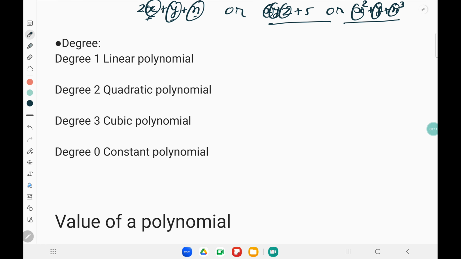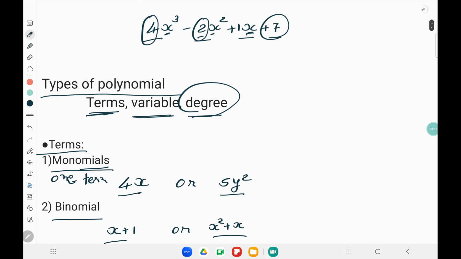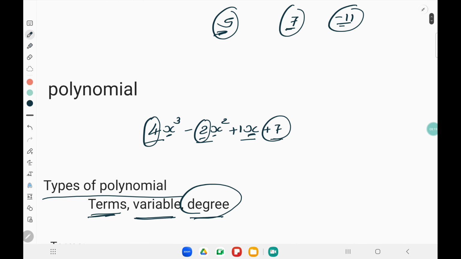Okay, so let's move on to the degree. First, let's understand the word degree. What does degree mean? Let's go back here first. When we use a power in the expression, no power means it is 1, right? And the last term, which is a constant term, has no variable, and if you want to add a variable, you can add it, but with power 0.